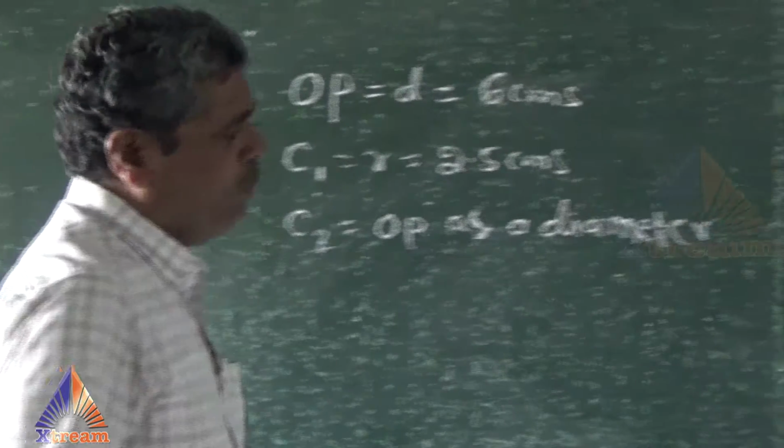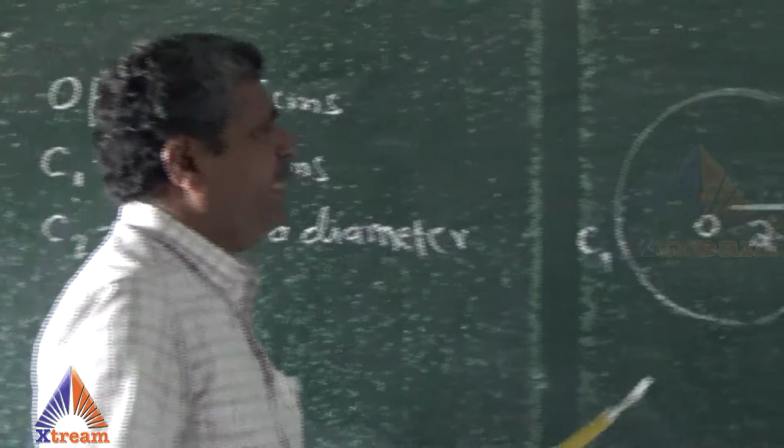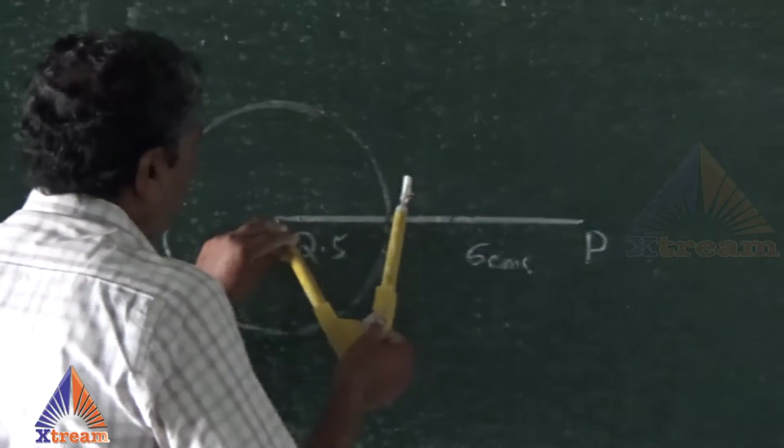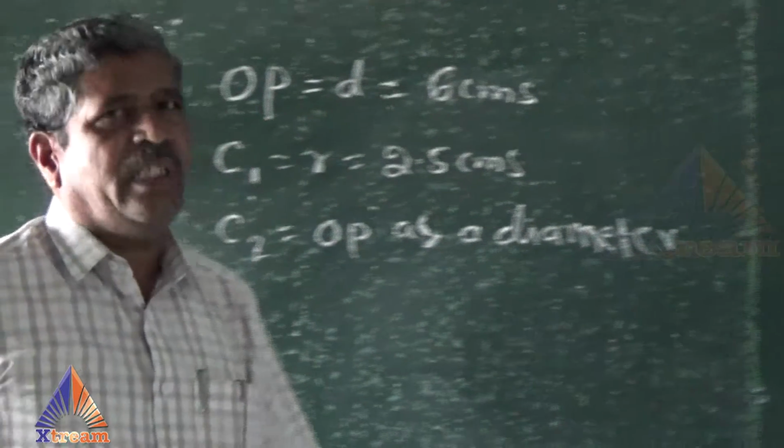Find the midpoint of OP by bisecting the line OP. So you take more than half of the line OP. Here OP is equal to 6 centimeters, so half is 3.